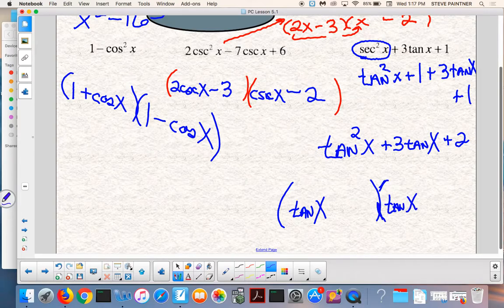To get tangent squared. What'd you guys put? Plus 1 plus 2. Done. You factor it. The secret is get all the words to say tangent, tangent, cosecant, cosecant. If you're going to factor, you want the same trig function. So work with the identities to help you get there. Are we ready? Can we move on?